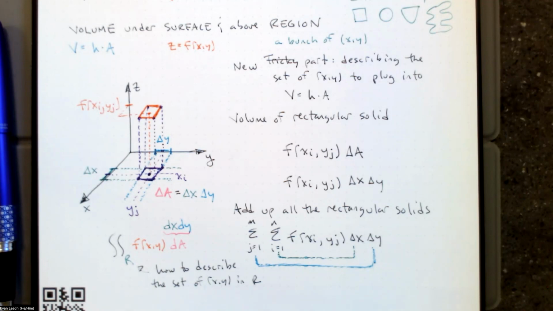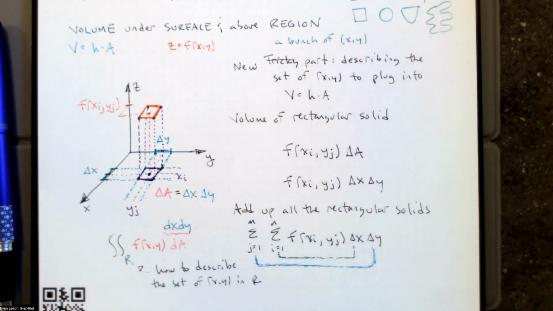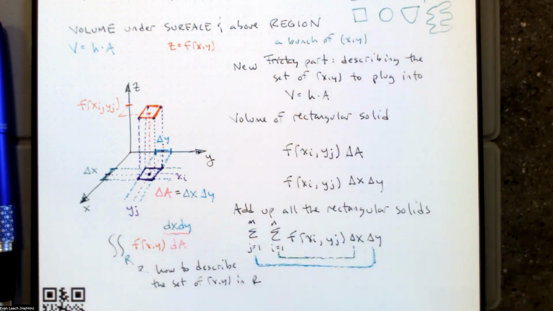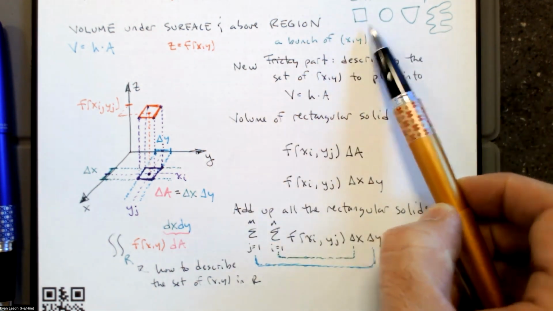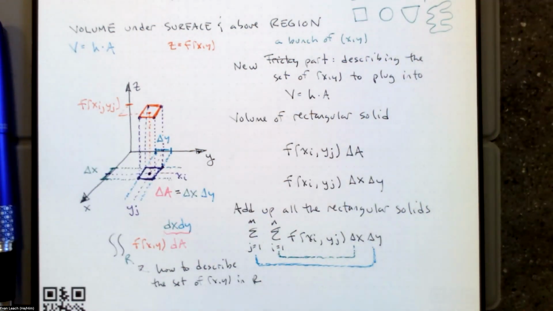The reason that this is our new weird task is that a set of x is going to be an interval, but a set of x and y can have a bunch of different shapes. It could be some funky shape, very simple, or kind of messed up. Any questions?